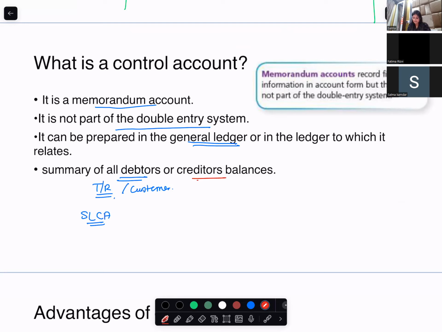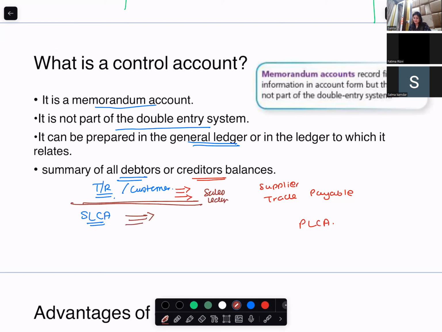And the creditor's account, which is a supplier account or trade payable account, resembles what? PLCA. What is the full form of PLCA? Purchase ledger control account. Customer account is maintained in which ledger? Sales ledger. SLCA is maintained in which ledger?